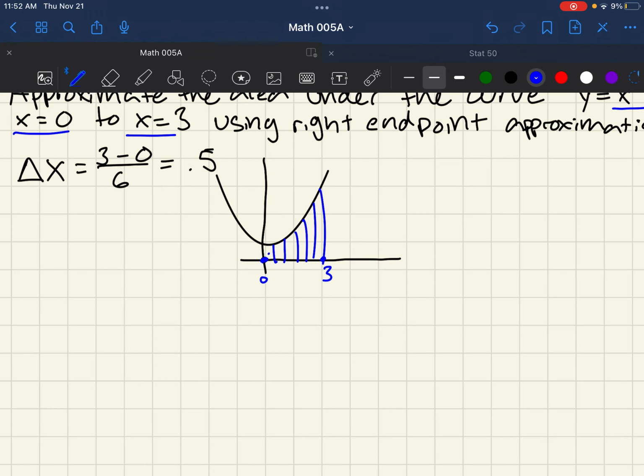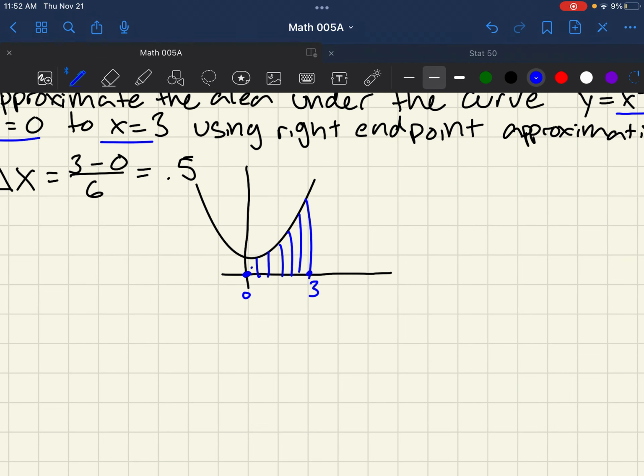Right. And we need to find the area using right endpoint approximation, which just means that we're going to want to be using these points on the right hand side of every one.